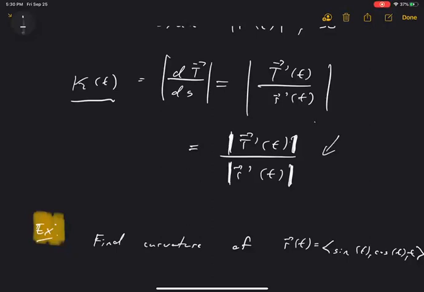The top is a vector; I take its magnitude and I get a number. Same thing on the bottom. So I get a number over a number, which is a number. So this kappa of t is just a numerical value that describes how much, and how quickly, my curve is turning.